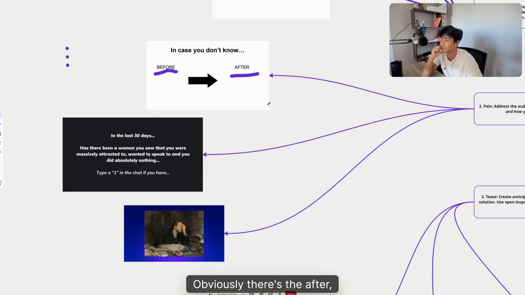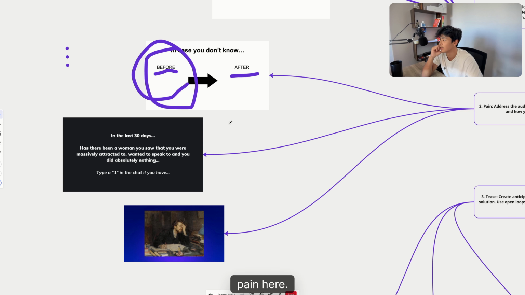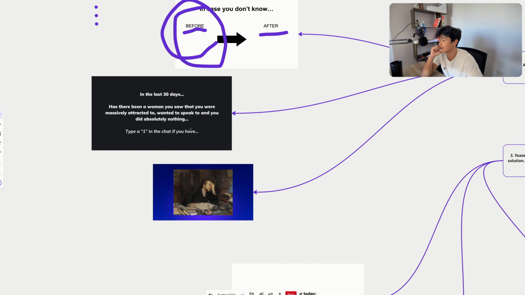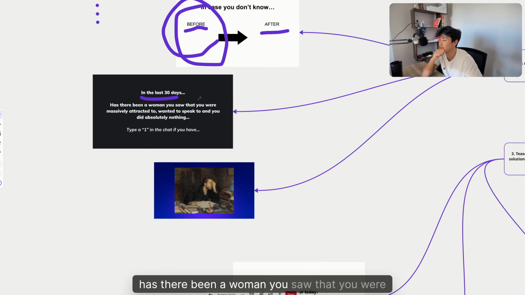Obviously there's the after effect of after whatever they're about to learn, you become this. But you also get a chance to paint the pain here. Next up is just vividly talking about something that happened to them. So this one, for example: in the last 30 days, has there been a woman you saw that you were massively attracted to, wanted to speak to, and you did absolutely nothing?